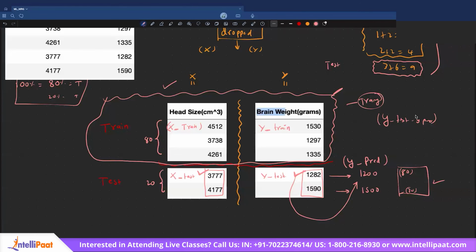Also, from the same data set, how well did the model learn? How good a job did it perform? To test that, you need to hide some questions from the model. That data set is called testing data. Because we already know, for somebody whose head size is 3,700 square centimeters, the actual answer from the calculation was 1282.